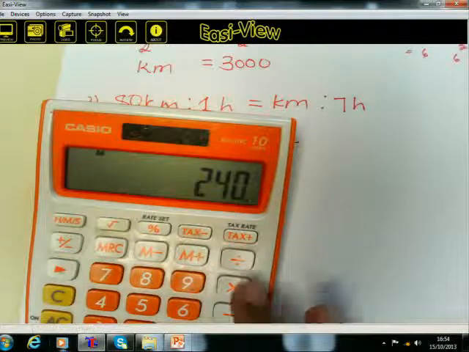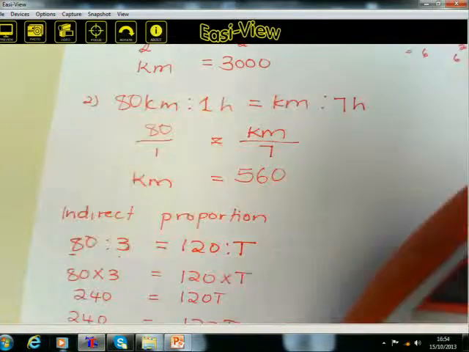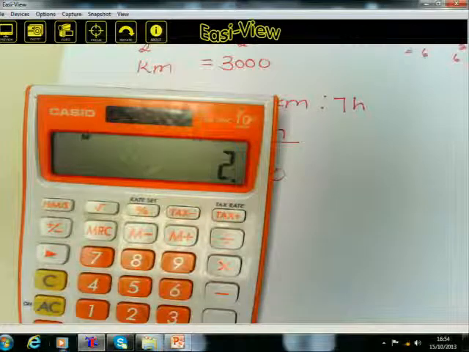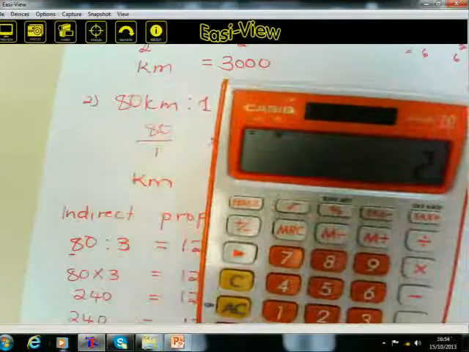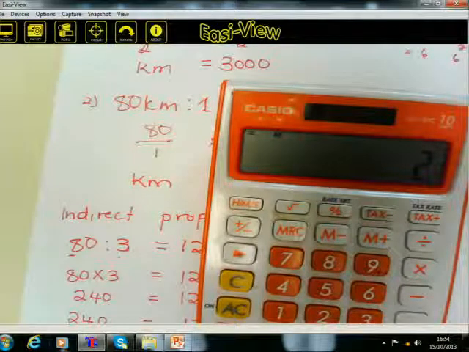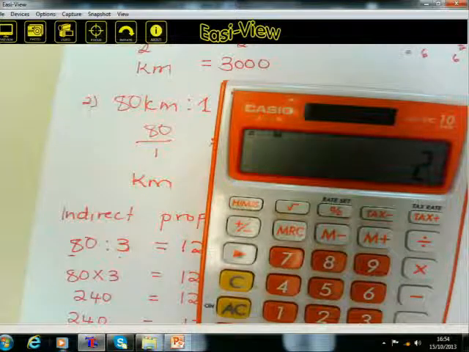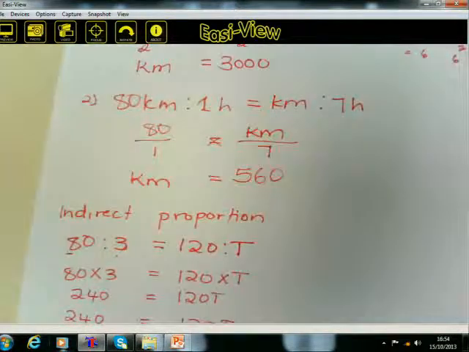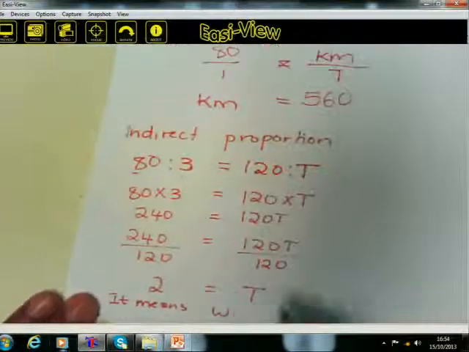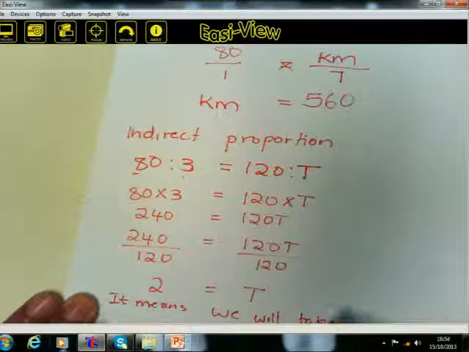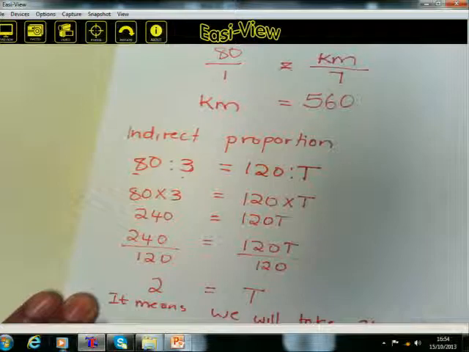240 divided by 120 is going to give us 2. So now it means we will take 2 hours.